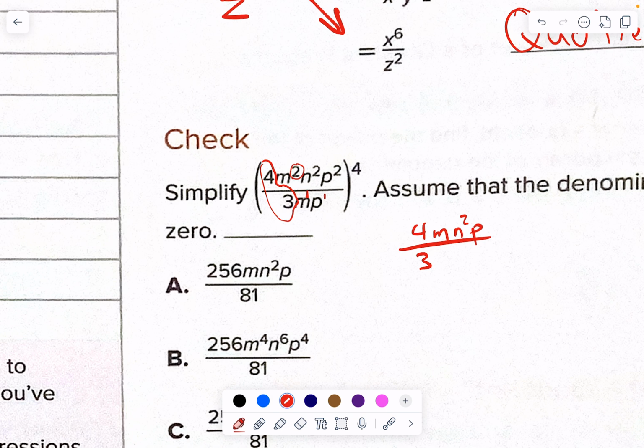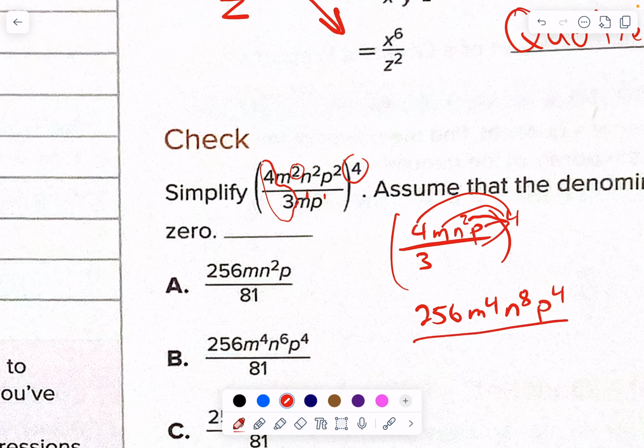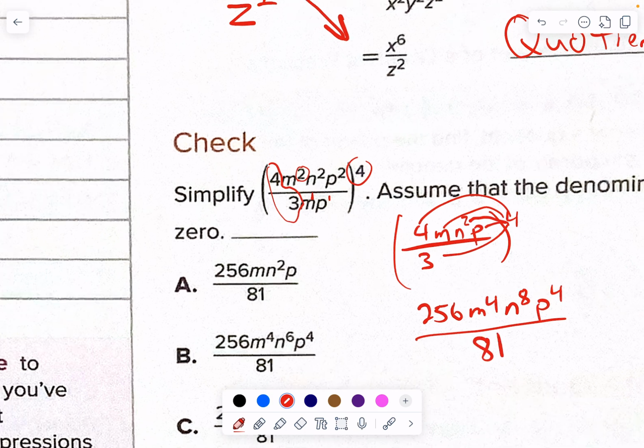Remember, we're taking this to the 4th power now. So first we're going to do 4 to the 4th power, which is 256. M to the 4th power, n squared to the 4th power, n to the 8, and then p to the 4th power. And then that last one is taking that 3 to the 4th power to get 81.